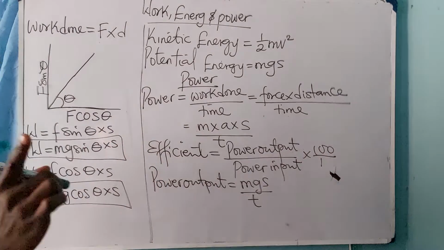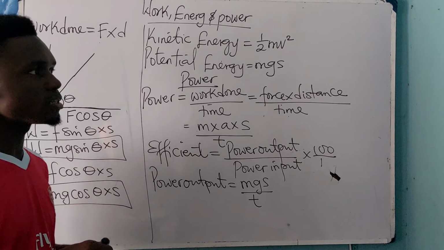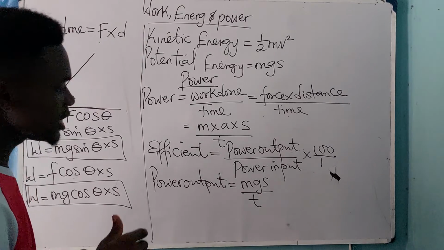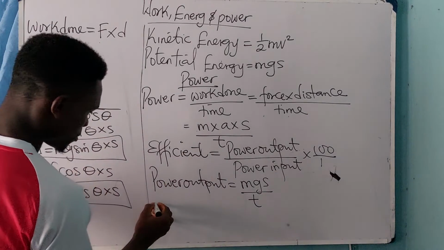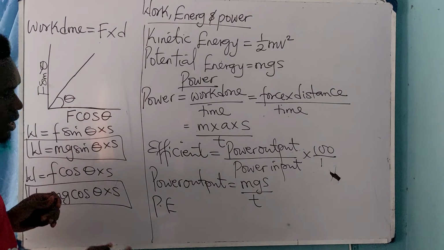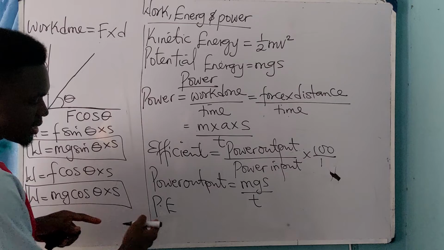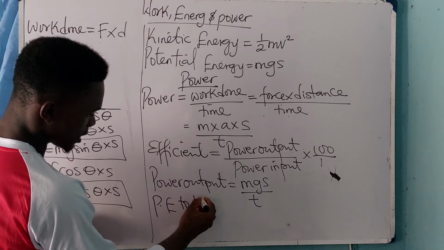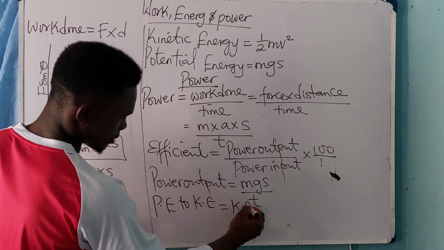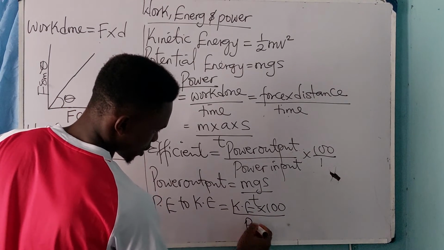Again, that's good. Thank God I remembered. Sometimes they'll ask us to convert potential energy to kinetic energy. If you are to convert from potential energy to kinetic energy, it is kinetic energy times 100 over potential energy.